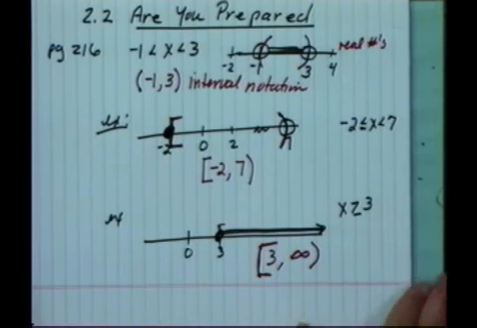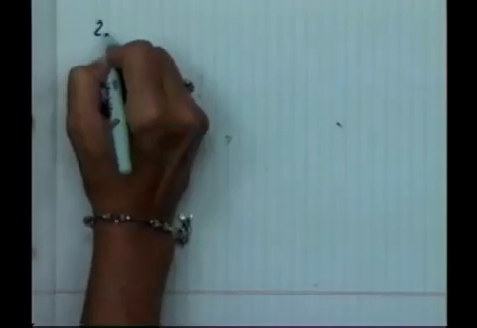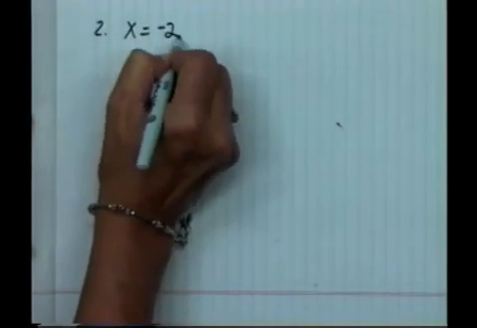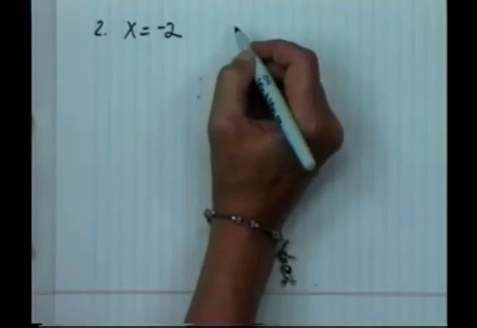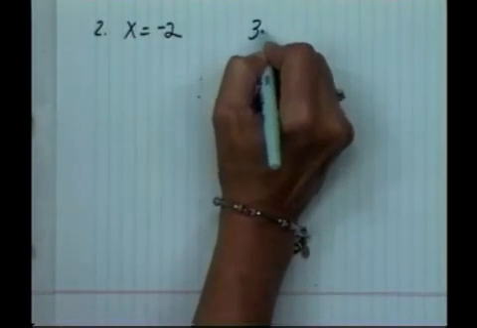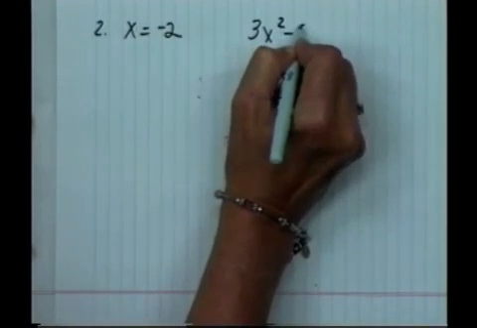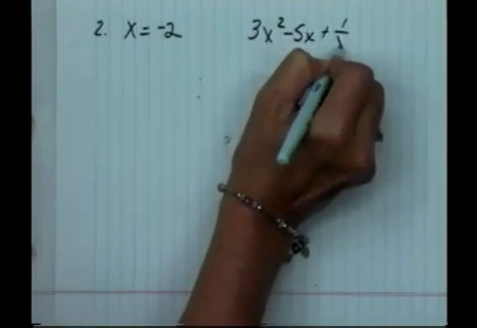Okay, we are now experts in inequalities, correct? Okay, let's go to question number 2 in Are You Prepared? Question number 2 was, if x is equal to minus 2, find the value of the expression 3x squared minus 5x plus 1 over x.